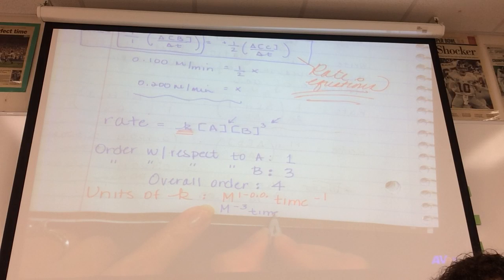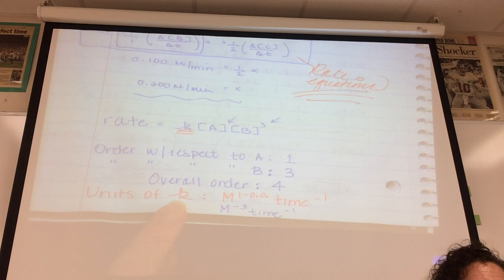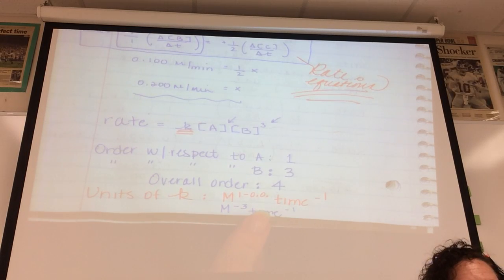Time will be in seconds or minutes to the -1. So you just divide by time? Yeah. Can you explain that one more time, that last one? To get the units of k? Yeah. It's just molarity to the 1 minus overall order, so 1 minus 4 is -3, time to the -1. You can derive the units of k, and I'll show you how to do it, but this is the quick and dirty way to do it, and it's very often asked.